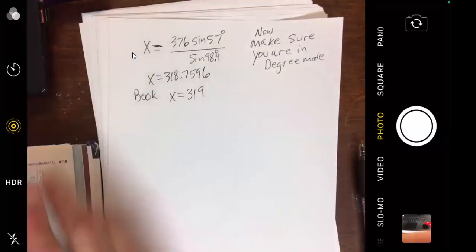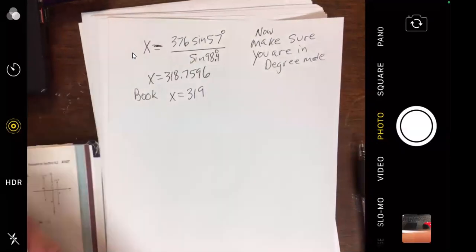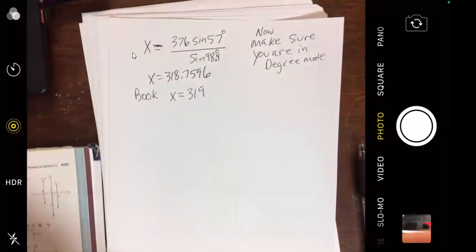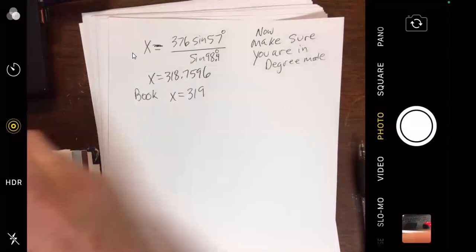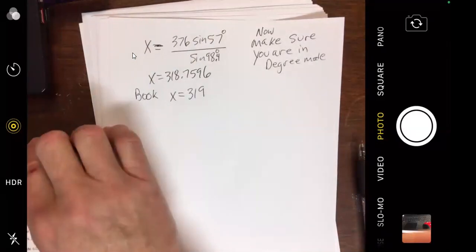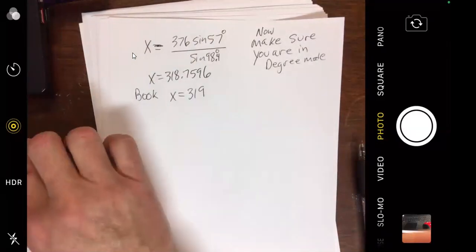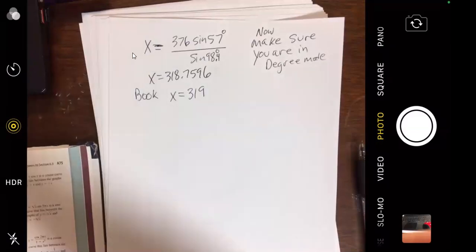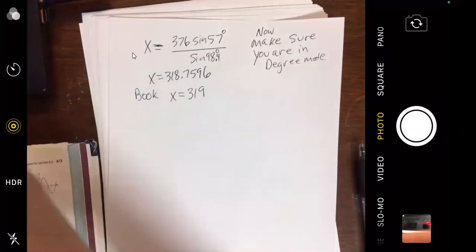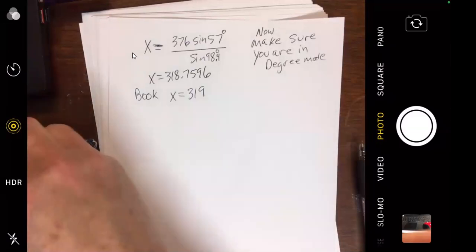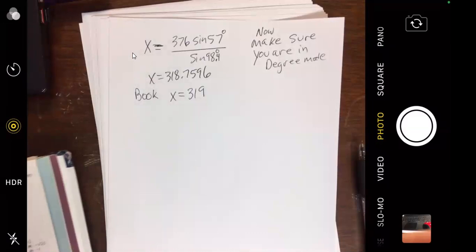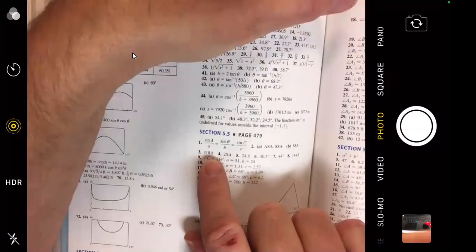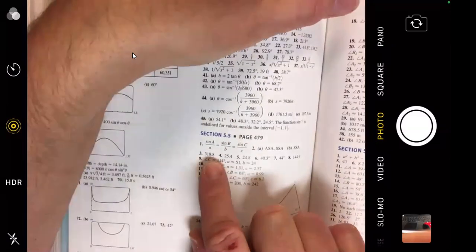Number 3 uses 5.5. Oh, I'm wrong. 318.8.